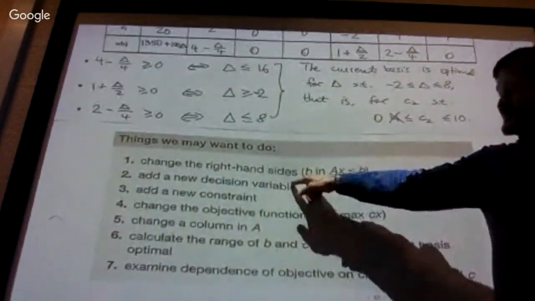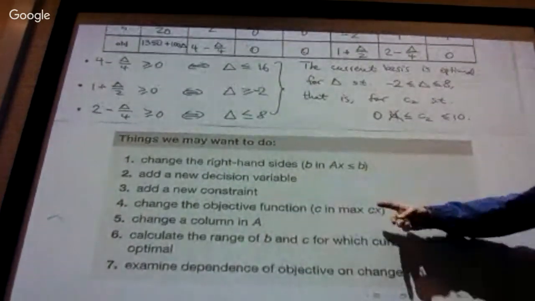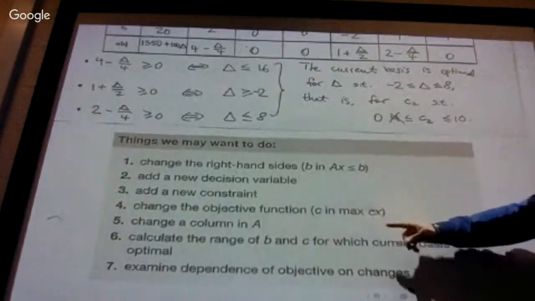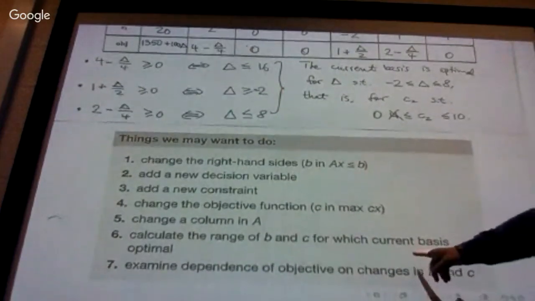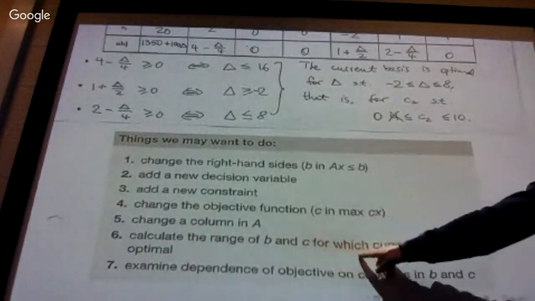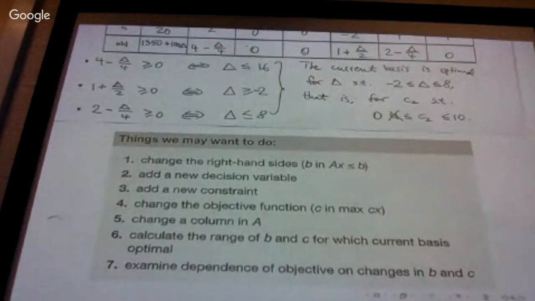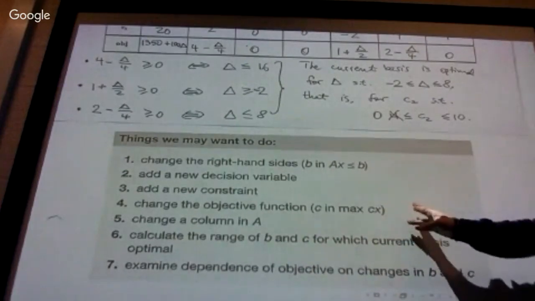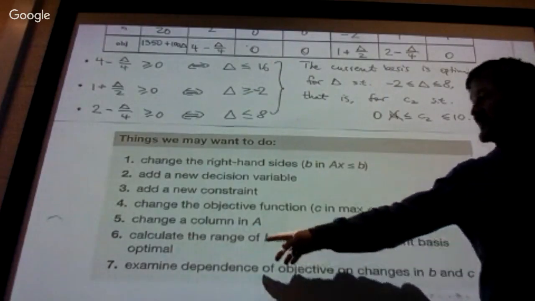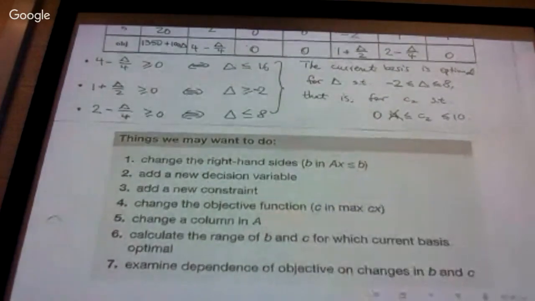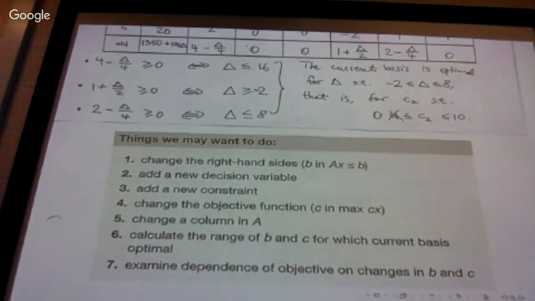This we know how to do. This we know how to do. This we now know how to do. Out of 6, we already know how to do C. B we don't know yet, really. That's something that remains. Changing something in the actual coefficients in the constraints, we still haven't covered.